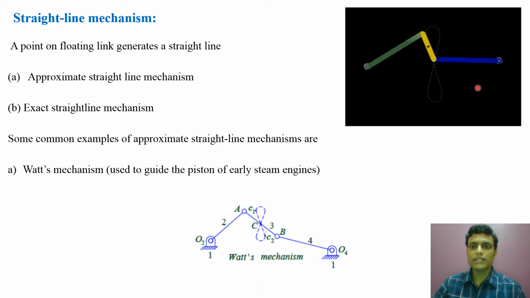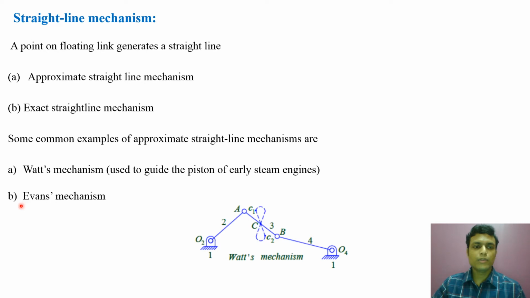The entire path is not a straight line. This portion is a curve, and only this portion becomes a straight line. So within the range c1 to c2, it maintains the straight line, not on the entire path. That's why it is an approximate straight line mechanism.